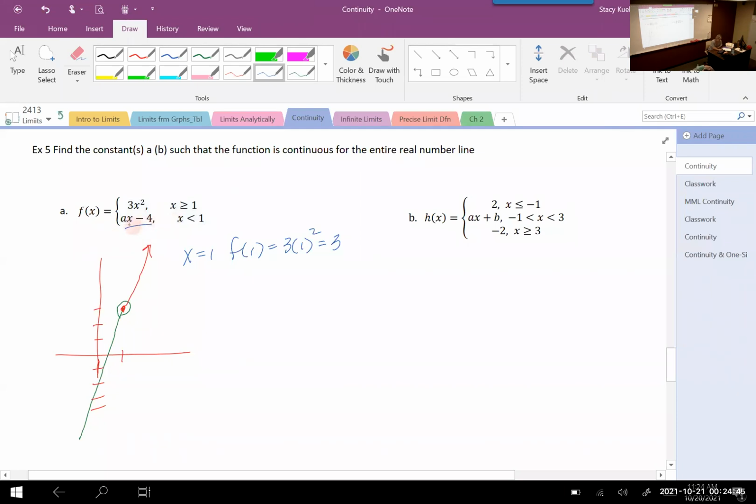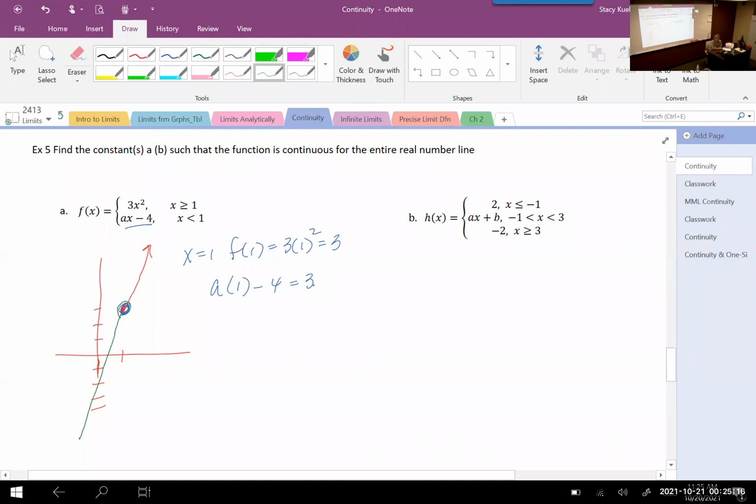This equation here, ax minus 4, I don't know what a is, but since this is the value of the function at 1, that would also be what this linear equation would be equal to at 1, right? So we have the equation: some constant a times 1 minus 4 is equal to that function value of 3.